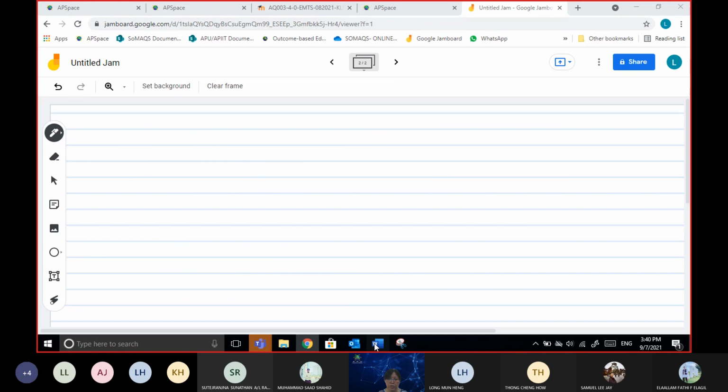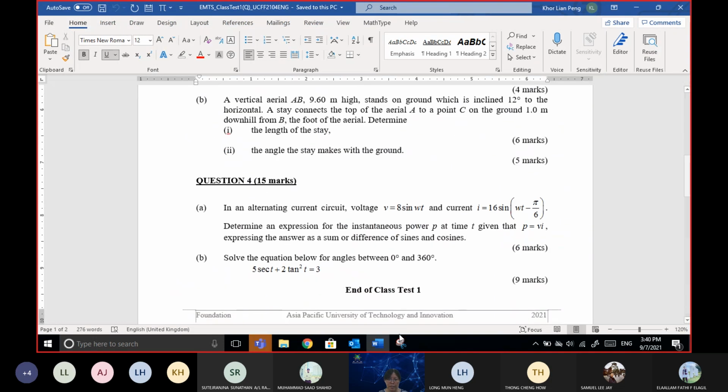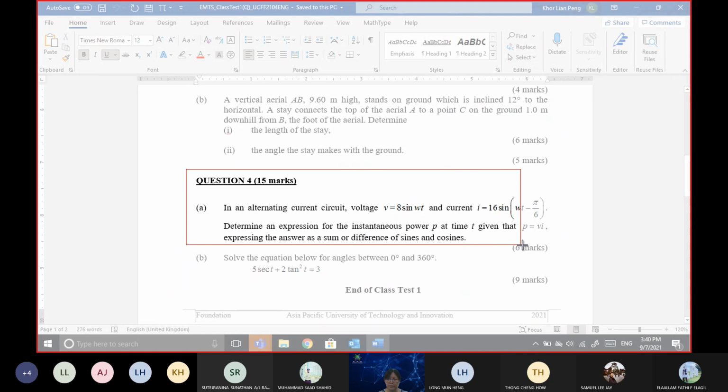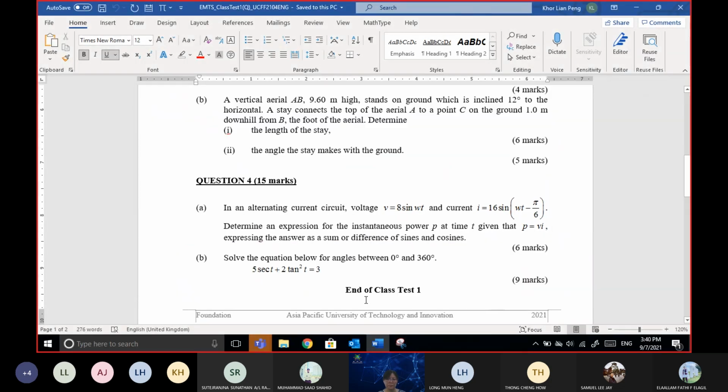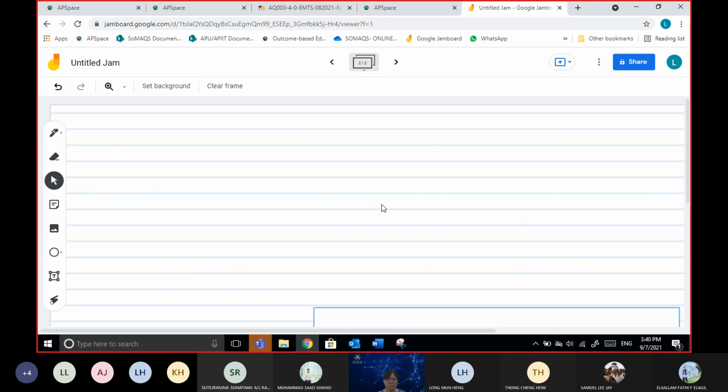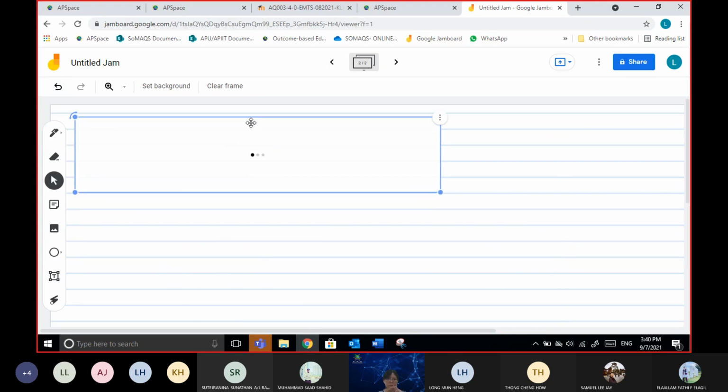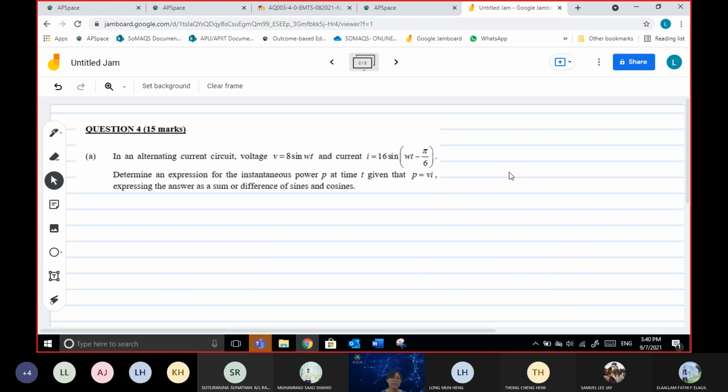Next is the question for 4A first. In an alternating current circuit, voltage V and current I are given as trigonometric functions.